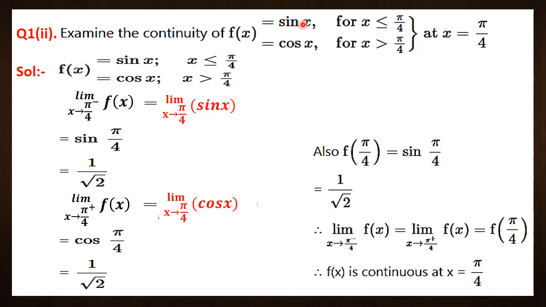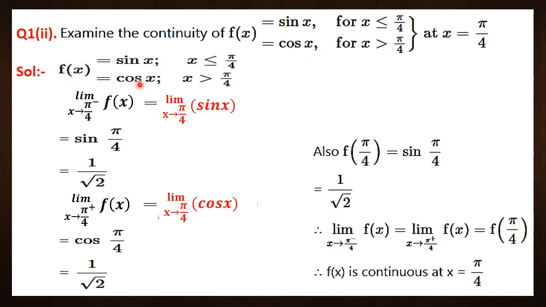The function is divided into two parts for different values of x. If the value of x is less than or equal to pi upon 4, that is 45 degrees, then the function is sin x, and if the angle x is greater than pi upon 4, then the function is cos x.